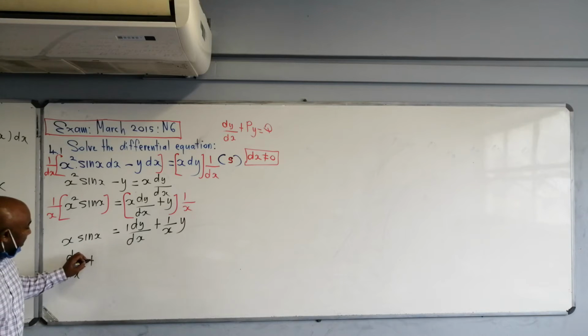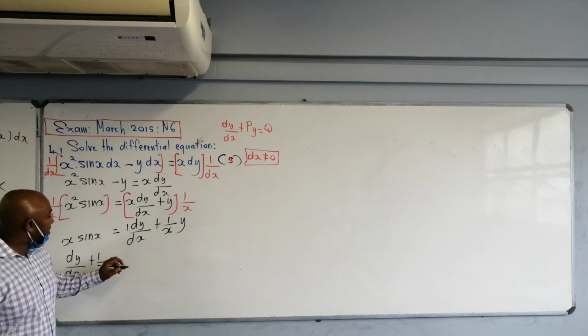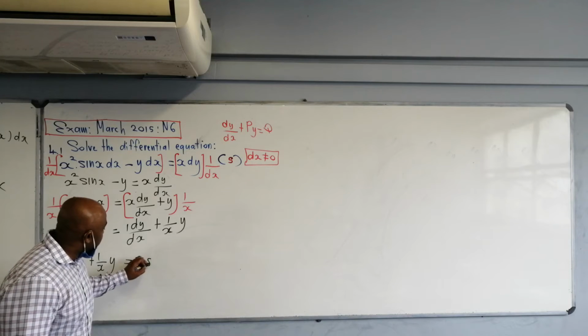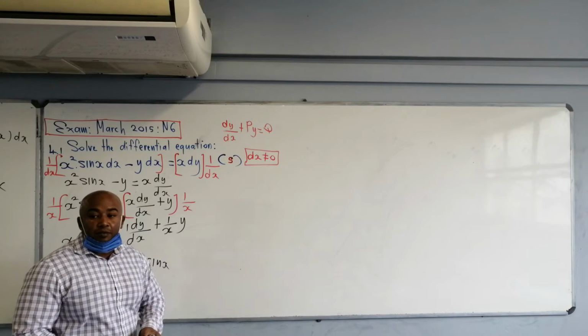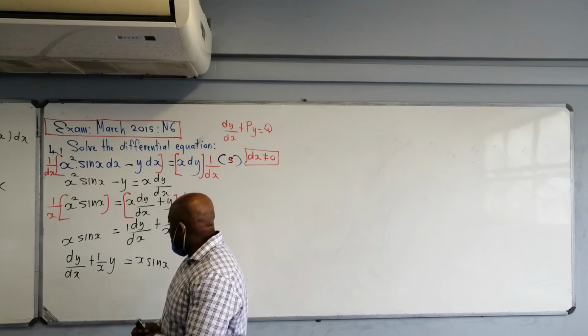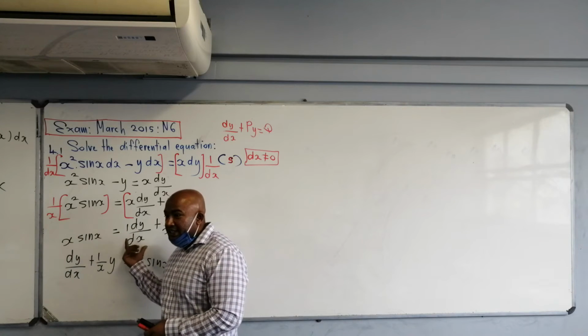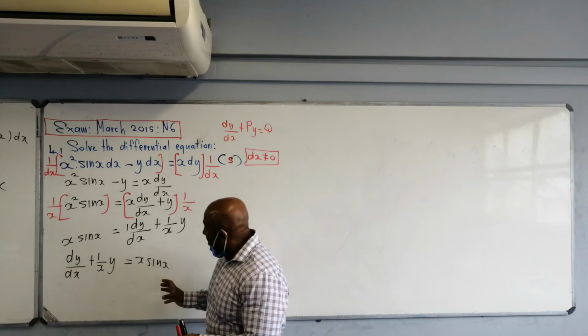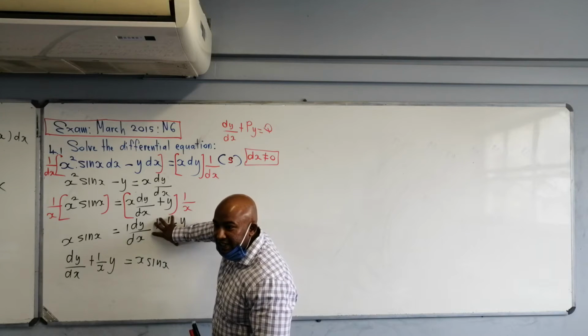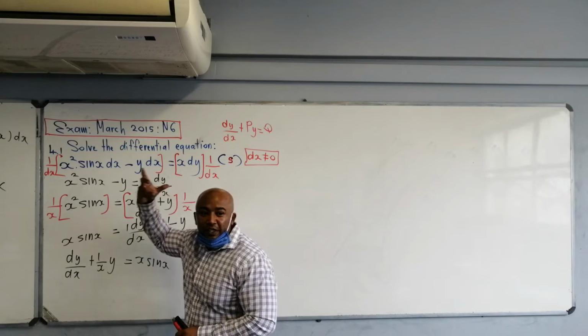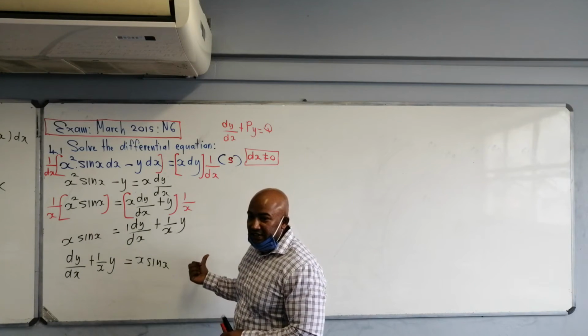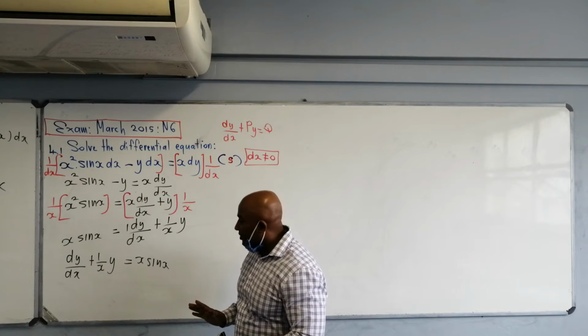So dy over dx plus 1 over x times y is equal to x sine x. I am not transposing, that means I'm not taking this to the left hand side, I'm copying. I'm copying what's on the right, on the left, and what's on the left, on the right. So I'm not changing any signs here.